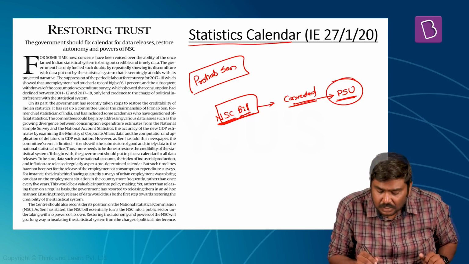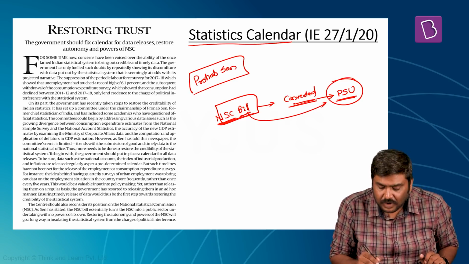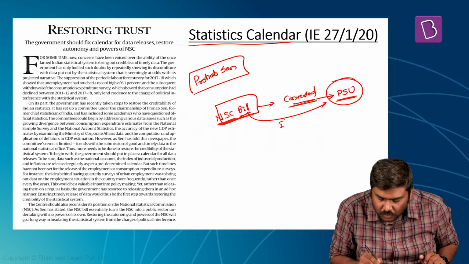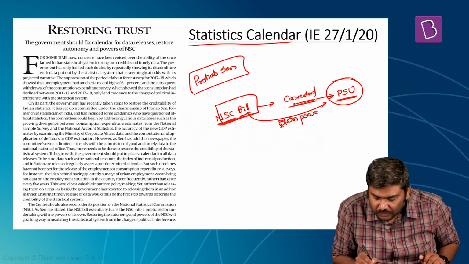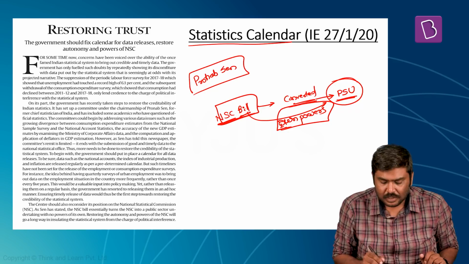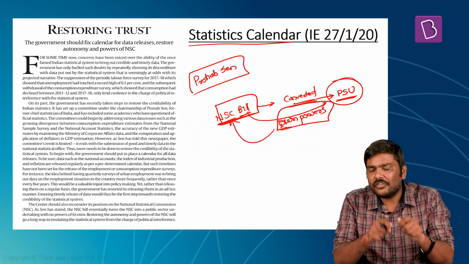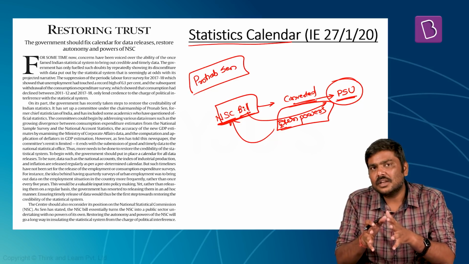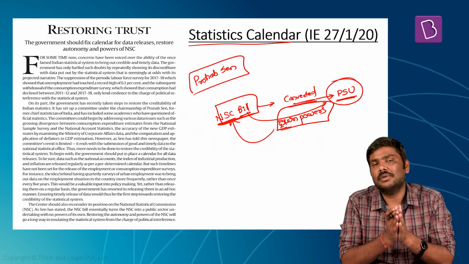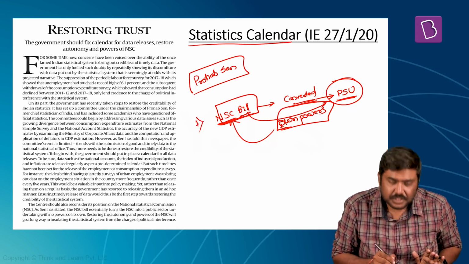And this converted NSC will not have any of its own powers. So the Government of India should relook at this provision of the bill, because NSC is one of the very important statistical institutions, which is highly reputable. That is the first very important recommendation.